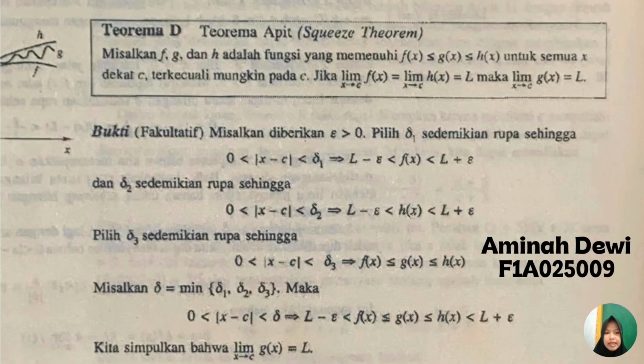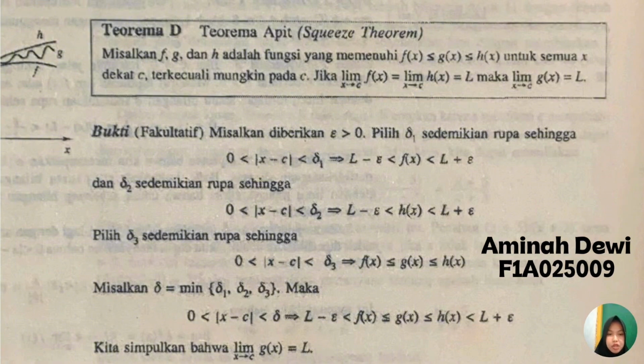And similarly, delta 2 says that 0 is less than the absolute value of x minus c, which is less than delta 2, implies L minus epsilon is less than h of x, which is less than L plus epsilon.